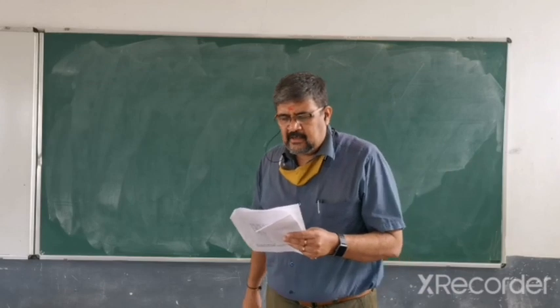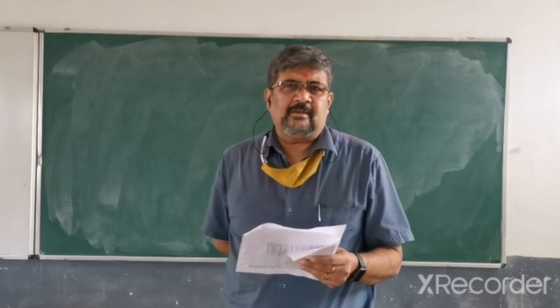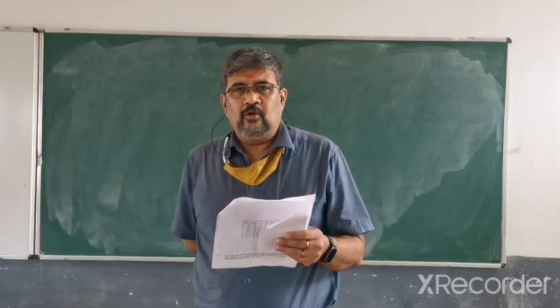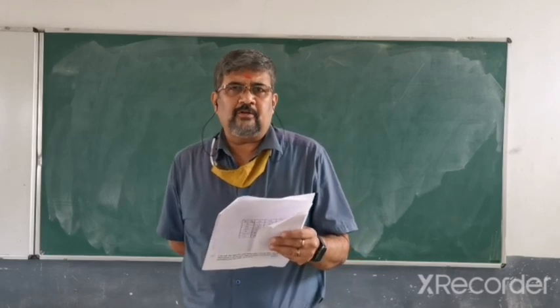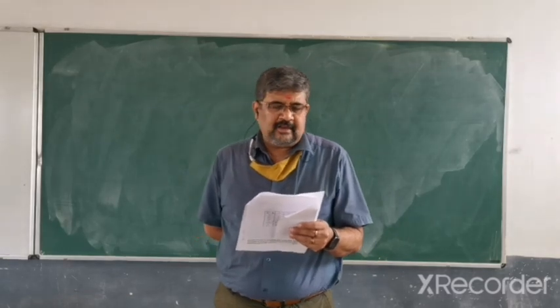Now problem number 7, which is for 8 marks and very interesting, actually very simple also. The following data are collected from a 4-stroke single cylinder engine at full load. You don't have to worry about what is the meaning of full load, half load and so on. But this is the data.